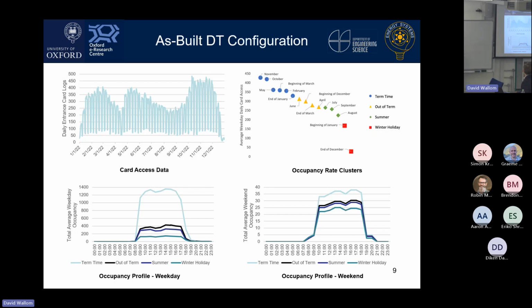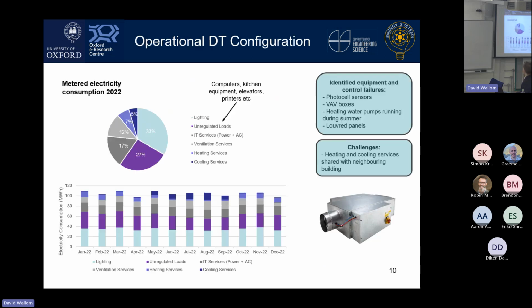I use the same occupancy profile for the as-built and operational DT configuration to be able to isolate the impact of equipment failures in my simulation results. Speaking of the operational DT configuration, the way I calibrated this model was using the metered electricity consumption.